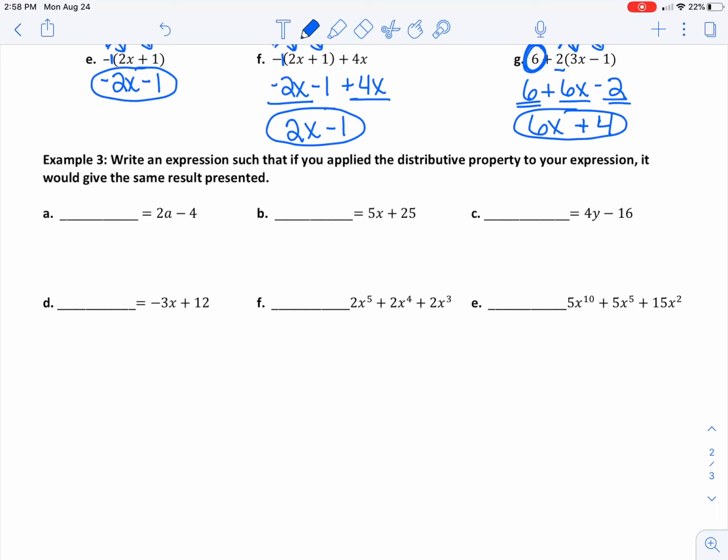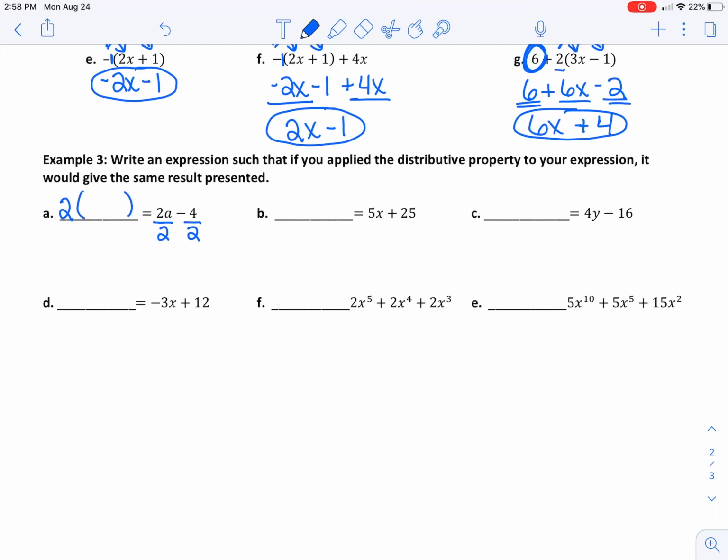So really what we're wanting to do is figure out what goes into both 2 and 4. What's that greatest common factor of 2 and 4? And if we look, the greatest thing that can go into both of those is just a 2. So what we're going to do is divide both of these by 2.